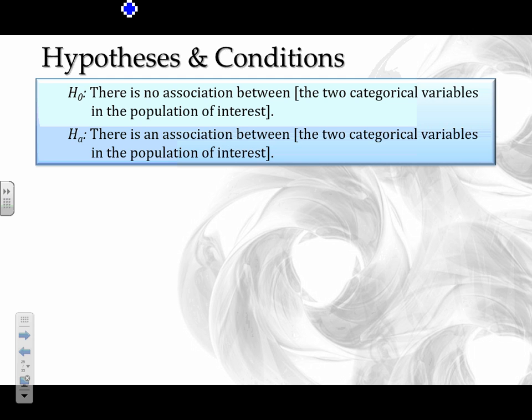That they are independent, right? So another way that you might see this hypothesis written out is instead of there is no association, you might say that the two categorical variables are independent.